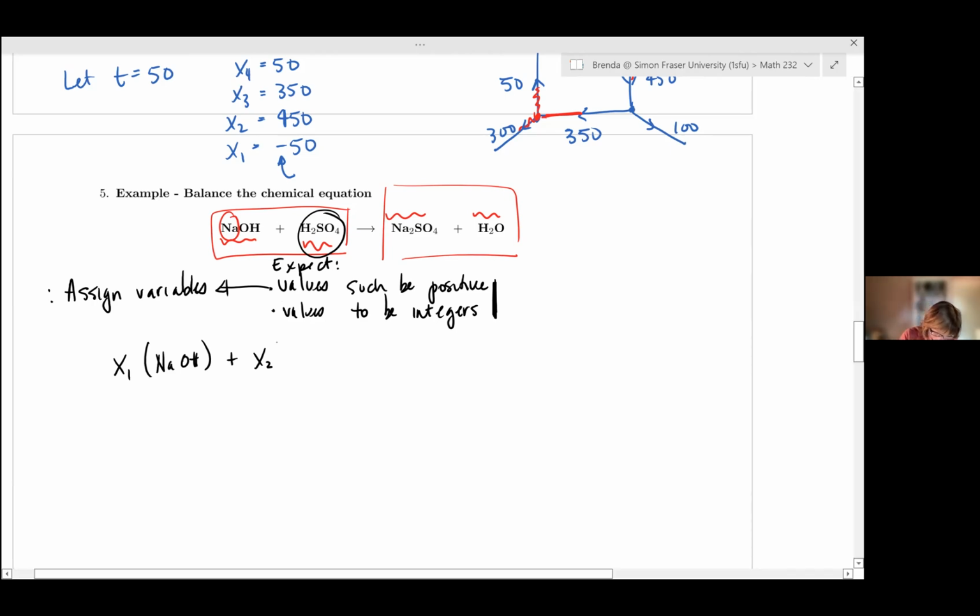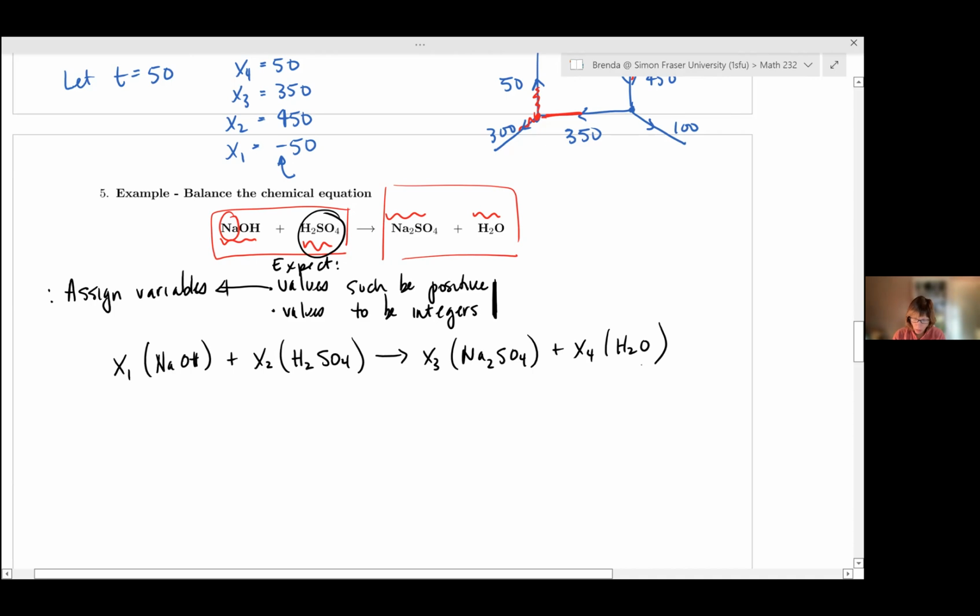I can't remember. The last time I took this was when I was in first year university, and that was a seriously long time ago. Okay, of this compound here. There we go. And then we produce some amount of this compound here, and water. I've got the water. There it is.